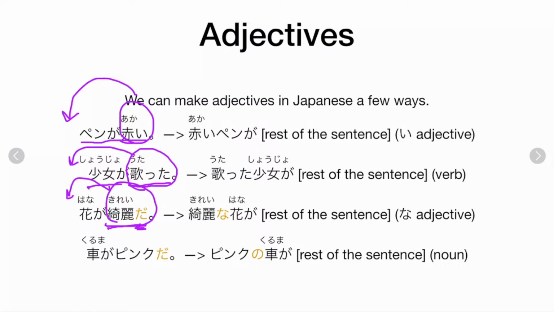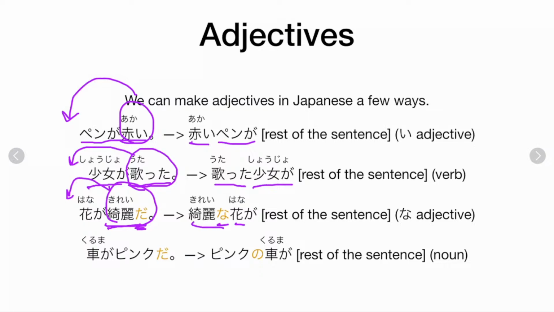But you make a change, and instead of saying kirei da hana, you use what's called the connective form of da. So it changes to na, and it becomes kirei na hana. And the way I would think of this structurally is pretty is flower. Okay? So you have red pen, sing was girl, pretty is flower.